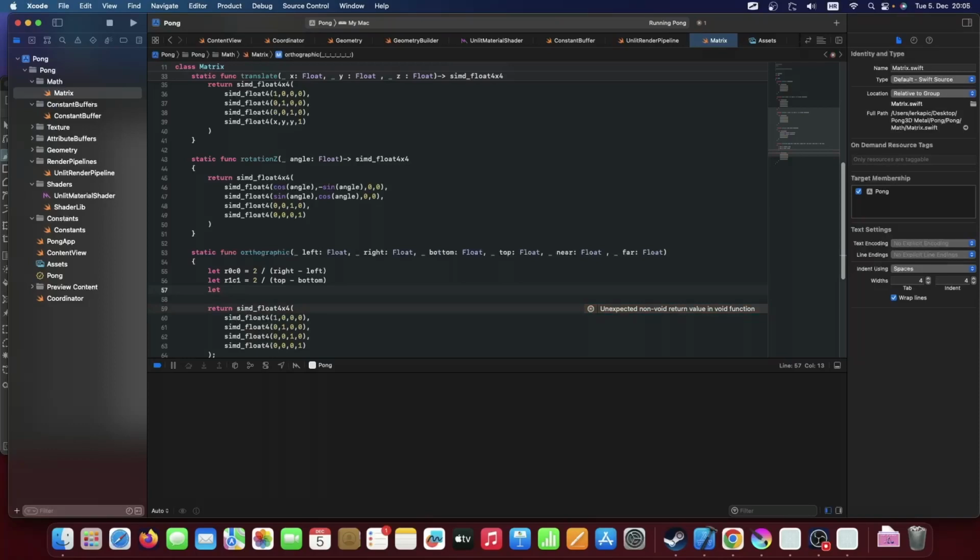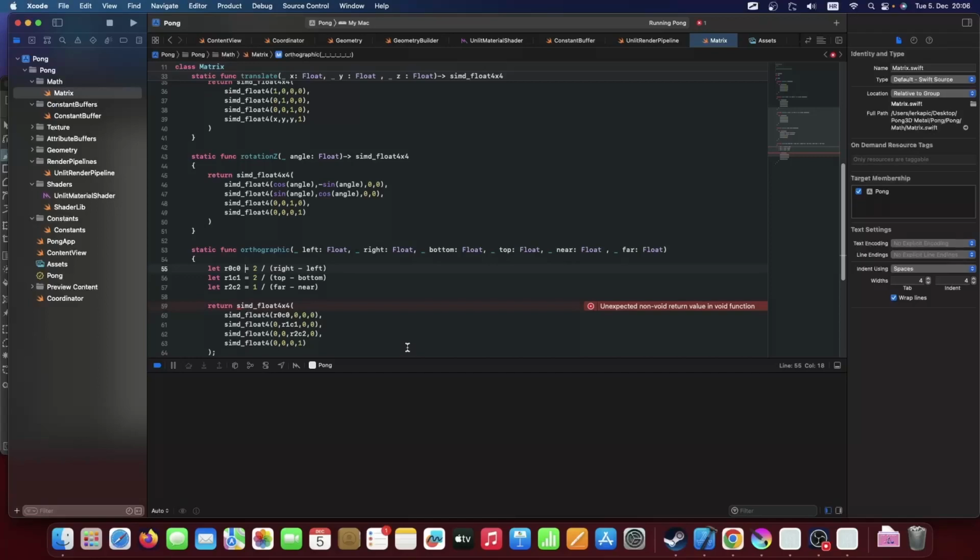So let's just do that, 1 over far minus near, and we can place those here. So this one goes here, and that's it. You probably already figured this one out. Row 0, column 0. I'm just indexing from 0 because that's programming for you.